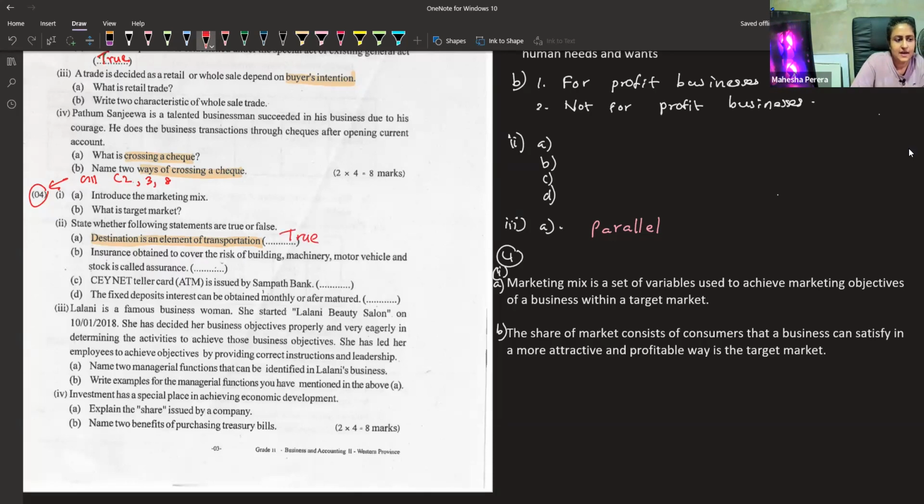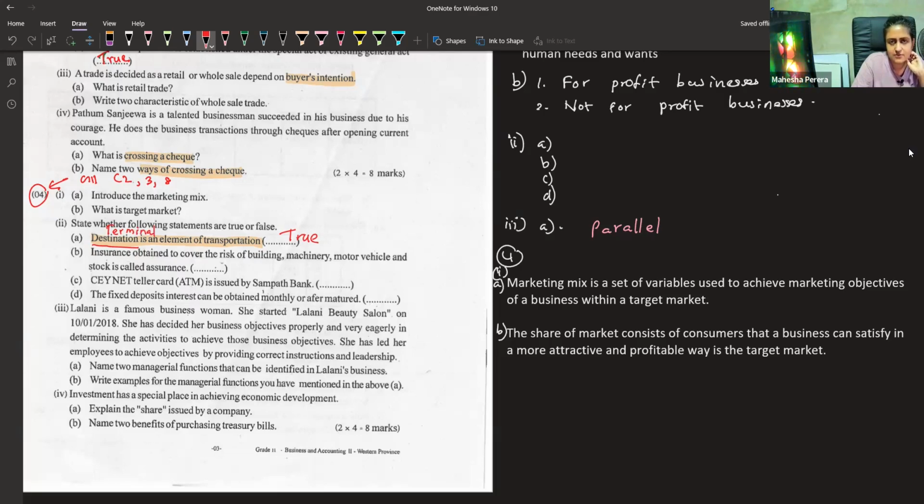I think they mean destination refers to terminal. If you take the verb terminate, it means to end or finish, and a destination is also an end place. So they have meant terminal.